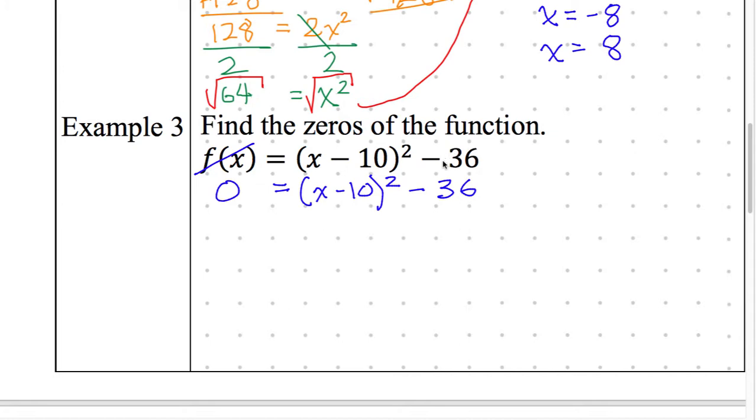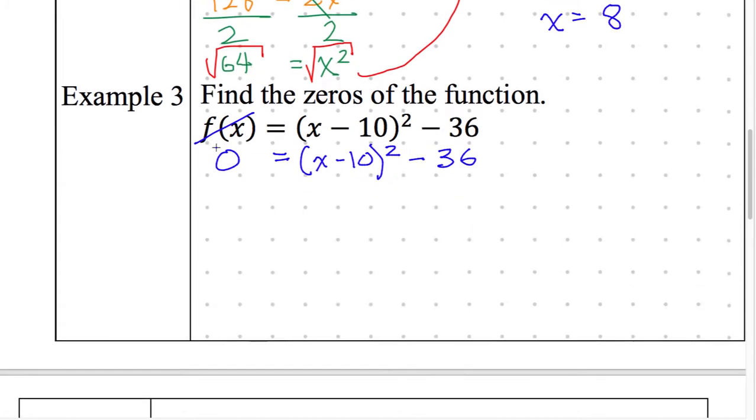All right. What do I do next? Another quiet raised hand. I'm trying to call on people that haven't participated. Sergio. I want to hear from Montse. I haven't heard from Jenny. Did I get you yet, Julian? I did? Okay. Yeah, go for it, Eder. Add -36 to both sides.